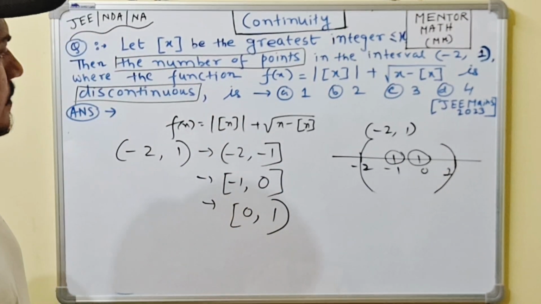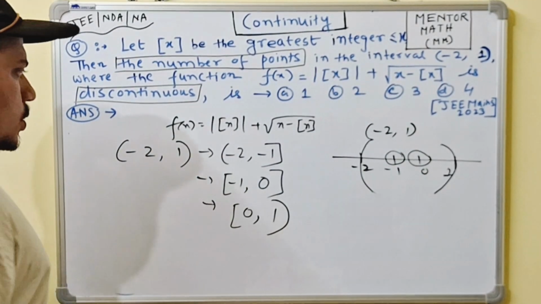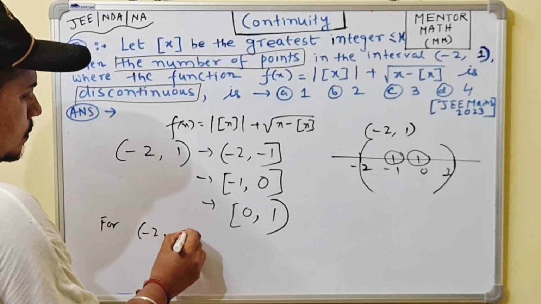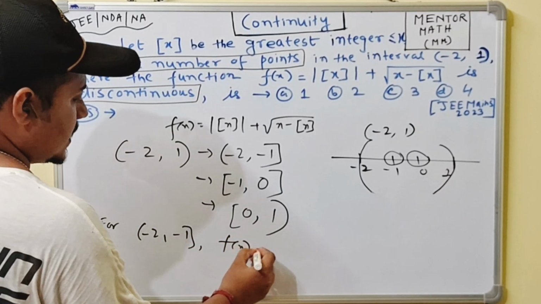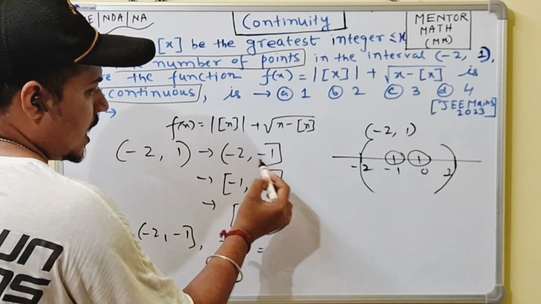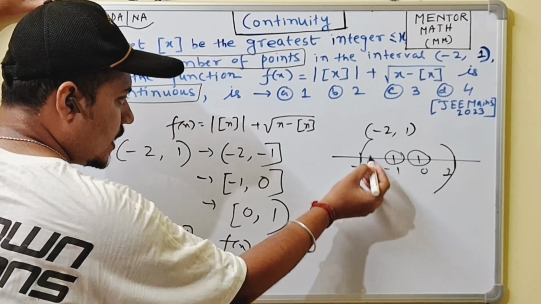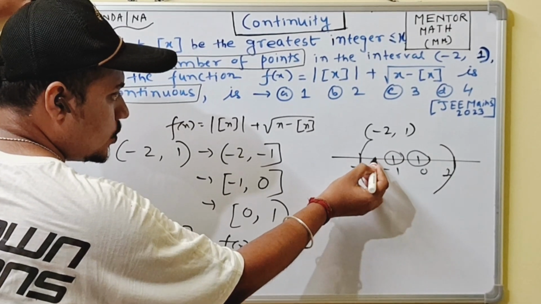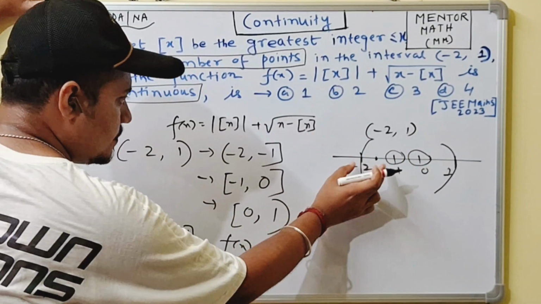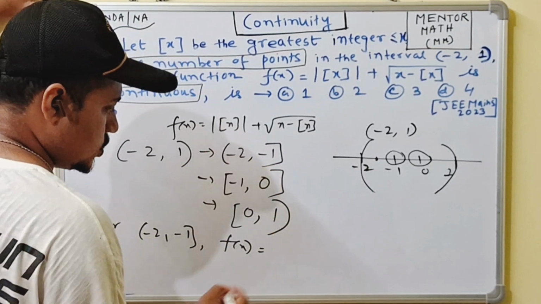In that particular interval, what is the function's behavior? So now coming to -2 to -1, f(x) is equal to, look at this, in between -2 and -1, whatever value you take, let us take -1.7, whatever value in between, the box value gives -2.